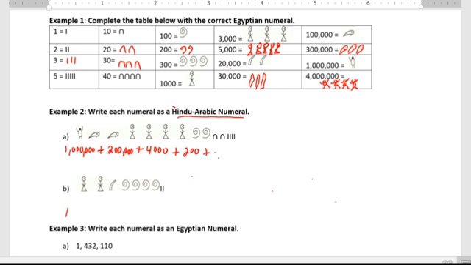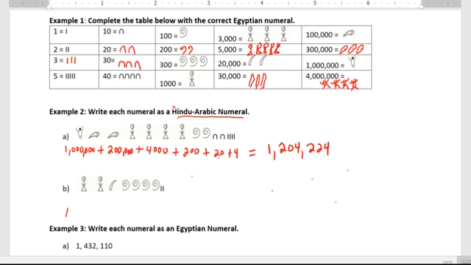Each represent 10. So that would be a 20. And then we have the staff, which represents 1. So we have 4 of these. So that would be a 4. So this is going to be equal to 1,200,000. There's no 10,000s. 4,224.